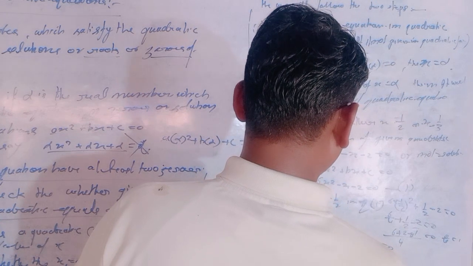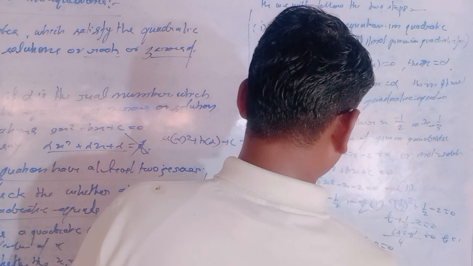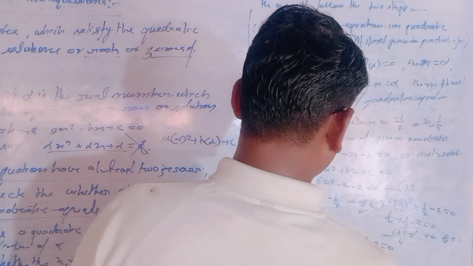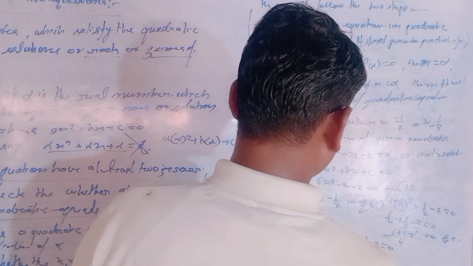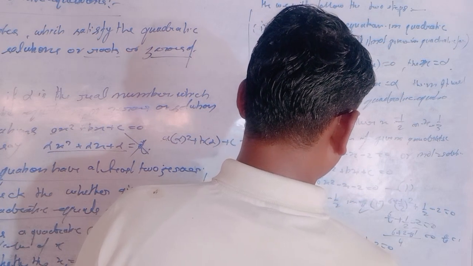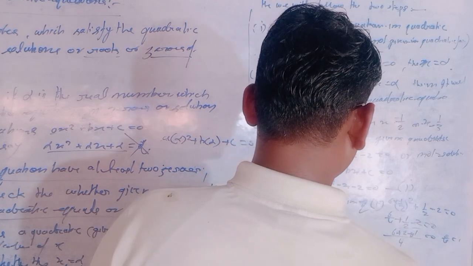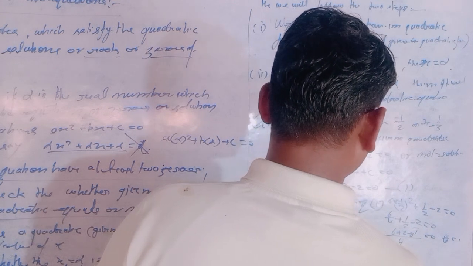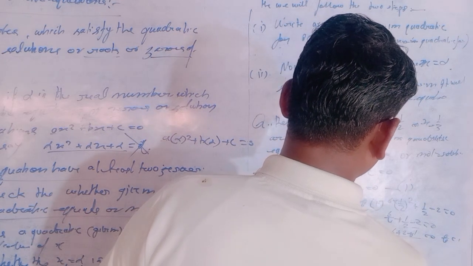So 6 by 9 minus 1 by 3 minus 2, take the LCM, it becomes 2 minus 1 minus 6 by 3, which is minus 5 by 3.